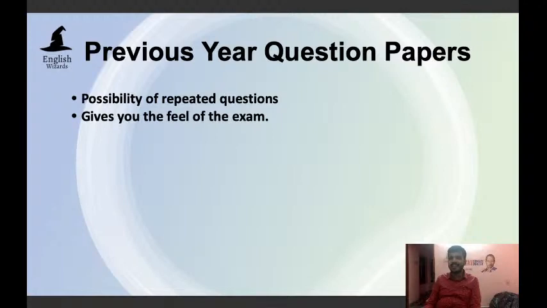Number two, this will give you an idea of how questions are asked, which is very important. Like I told you earlier, it is very important to solve mock tests. Solving mock tests will enhance what I call your ability to do intelligent guessing. Intelligent guessing is a very interesting concept. I think we cannot cover it in this particular section.